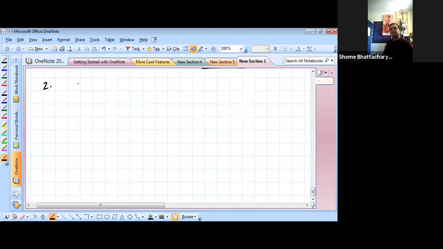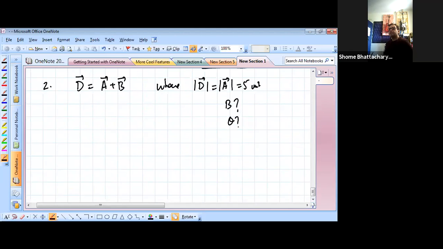So the second information given is vector D is equal to the vector sum of A and B, where we know that the magnitude of D and the magnitude of A are the same. They are both 5 units each. Okay. And what is unknown is the magnitude of B and the angle theta. Okay.